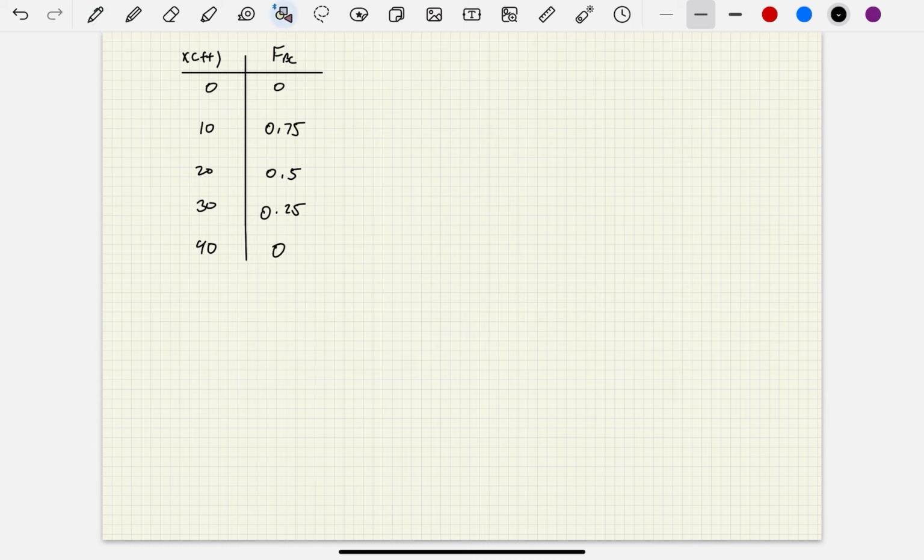So if I were to sketch out this influence line for this truss member, the horizontal axis is the location of the unit load, X. The vertical axis is FBC. And if I maybe scale out that x-axis, that's 10 feet, 20 feet, 30 feet, 40 feet.